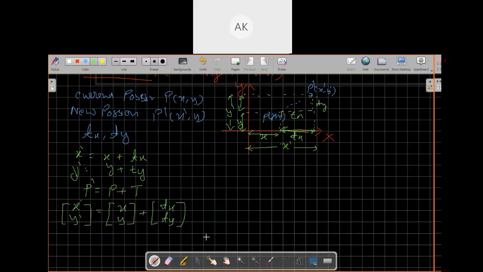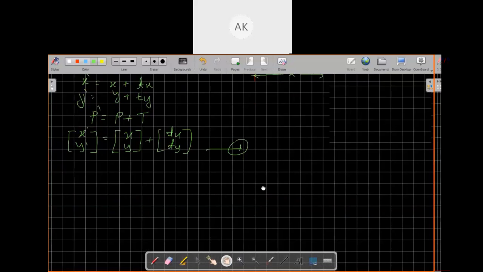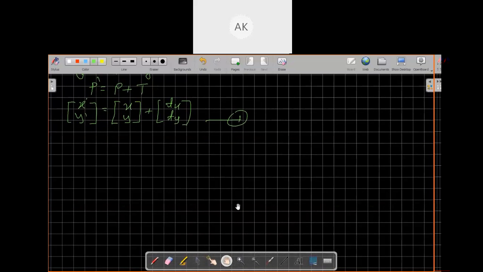Or in generalized form, you can write P' is the new position, equal to the current position P plus T. Or in the form of a matrix, you can write the new position x dash, y dash equals the current position x, y plus the translation parameter.